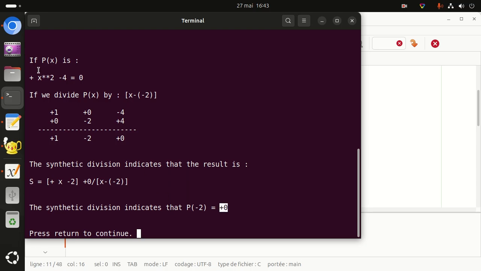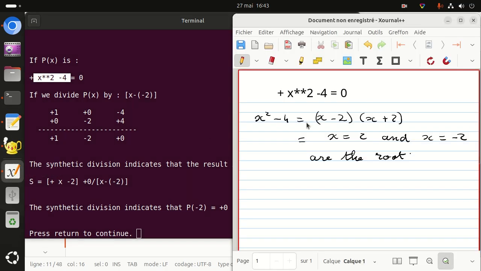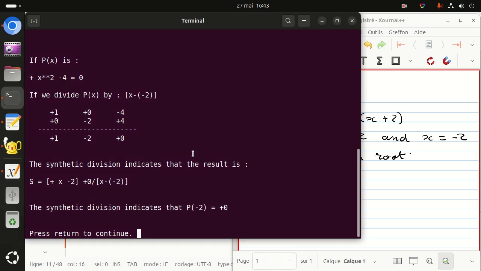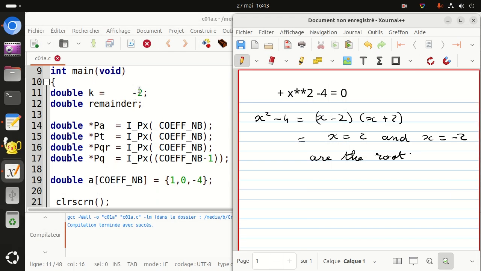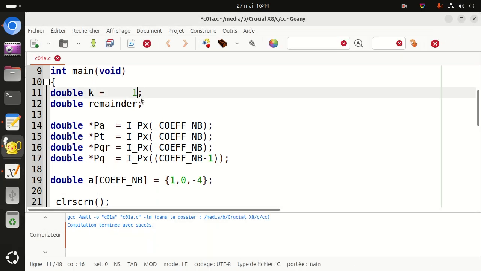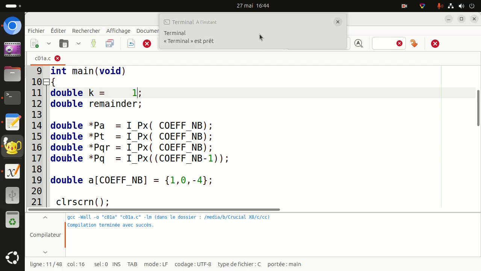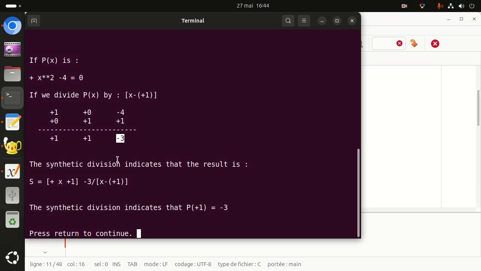This gives that minus 2 and 2 are roots of this polynomial. Why? Because I can factorize this polynomial into the factors x minus 2 and x plus 2. For example, if I take 1 for k, the remainder is not 0. Why? Because 1 is not a root of this polynomial.